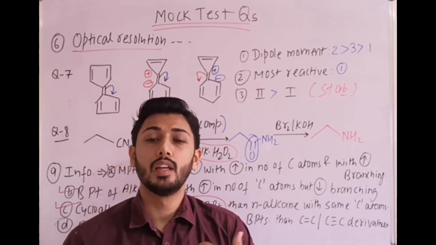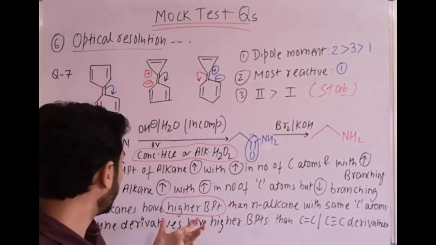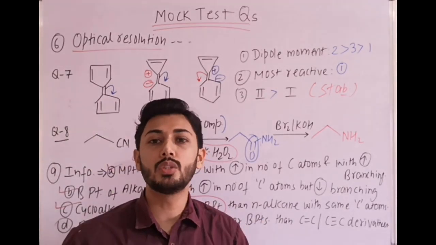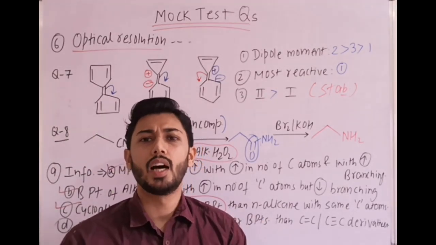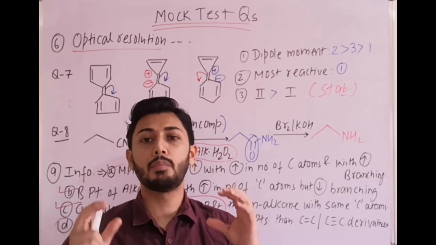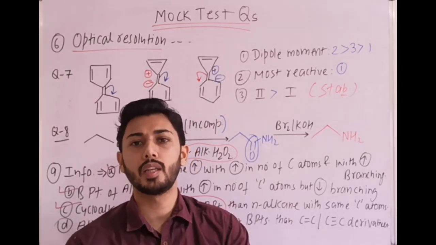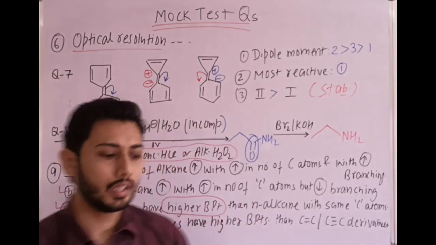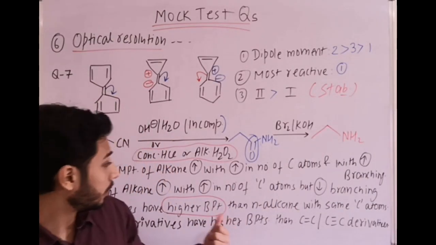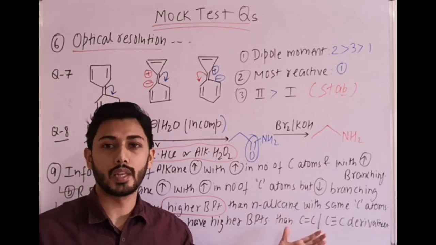That is why their melting point is also high. Their melting point is high, boiling point is high, and their density is also high. Another reason given is higher London force of attraction. In short, the important point is this information that cycloalkanes have higher melting point, boiling point, and more density as compared to n-alkanes, normal alkanes.